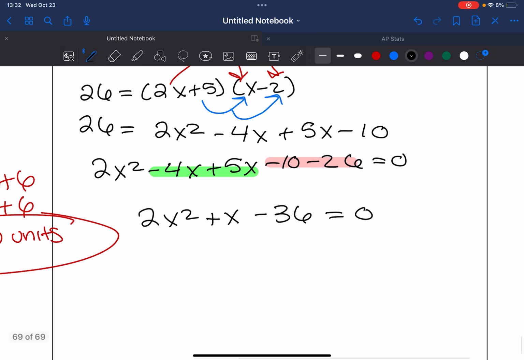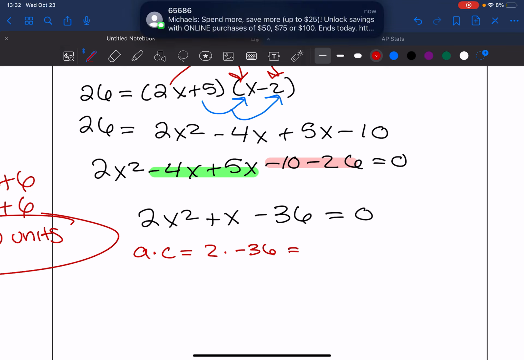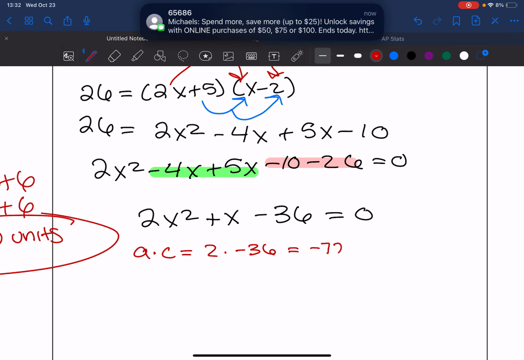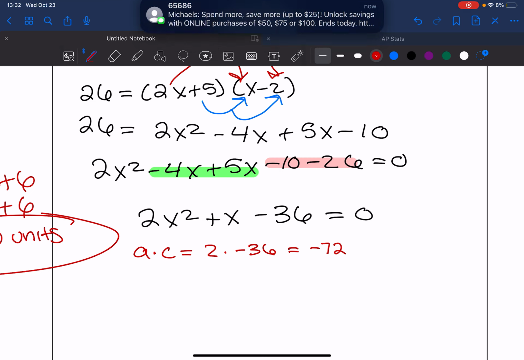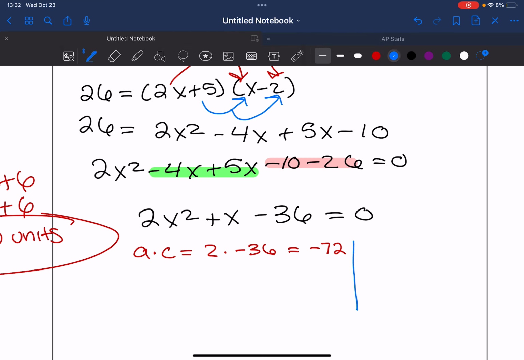Then I have to do my a times c. So a times c is 2 times negative 36, which gives me negative 72. And my b value, which is 1.